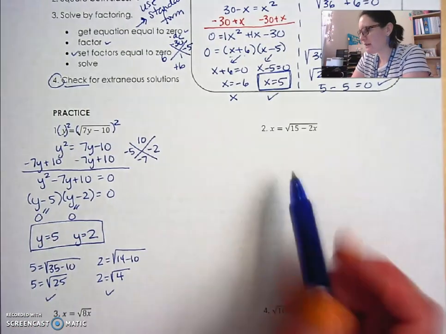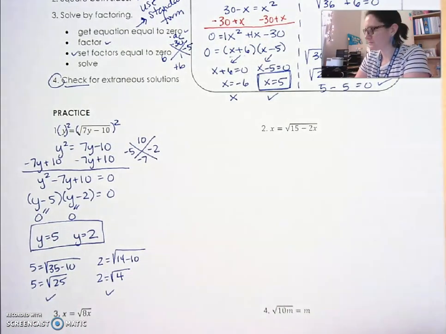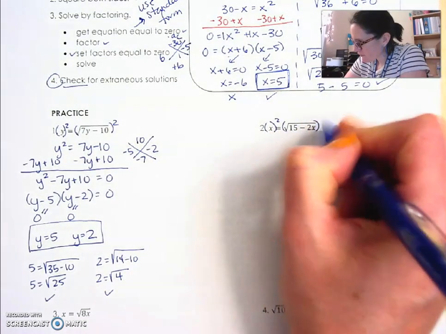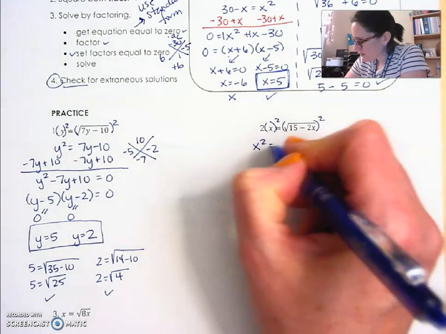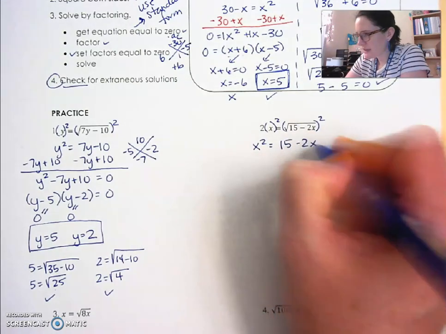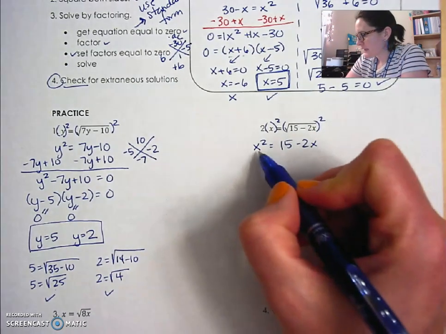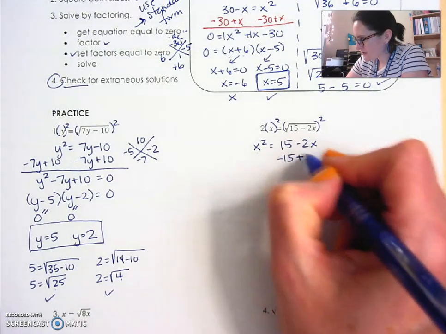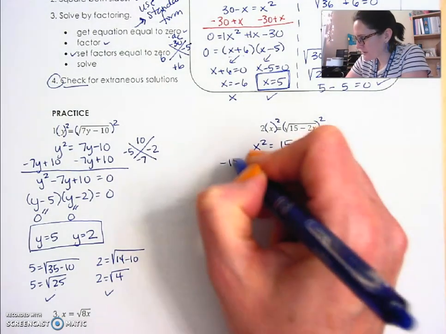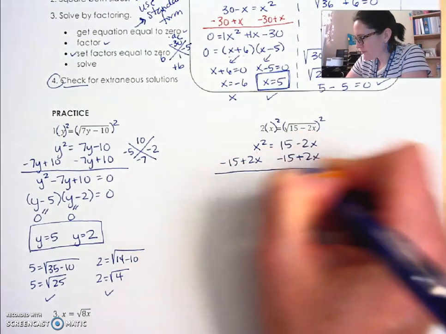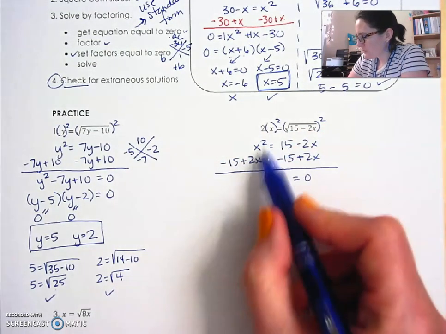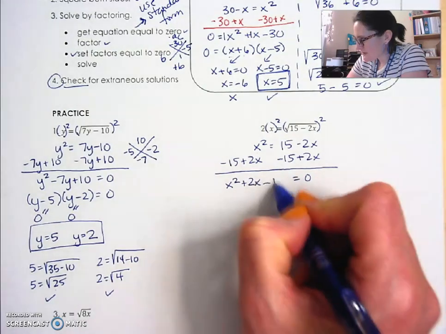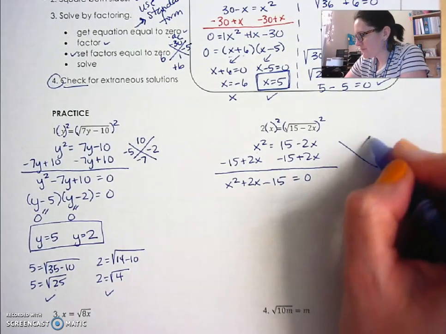So you pause the video and try number 2 on your own. All right. So hopefully you started by squaring both sides. Again, my quadratic term is positive on the left, so I'm moving the stuff from the right over there by doing the opposite of each of them. So I'm going to write it in standard form, so that's going to be x squared plus 2x minus 15.